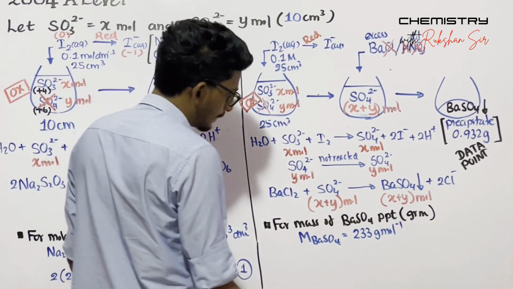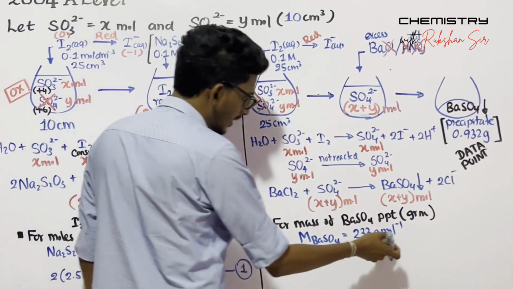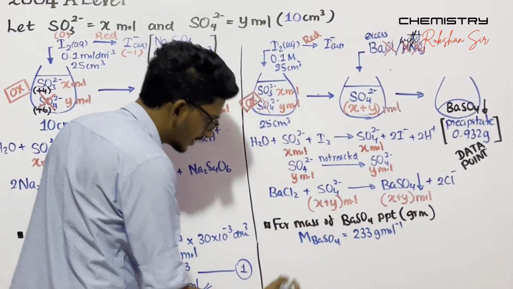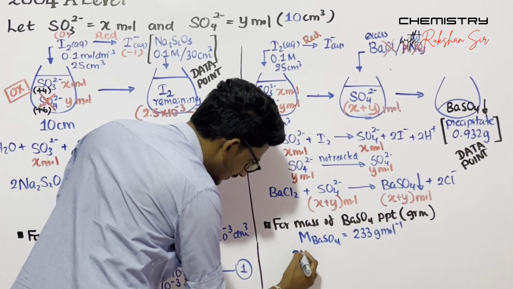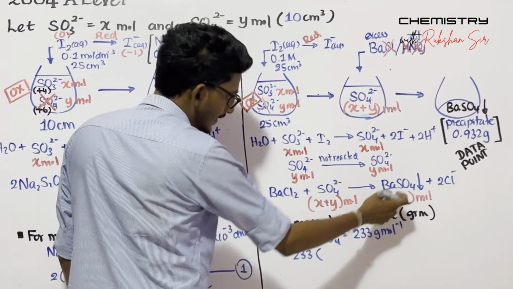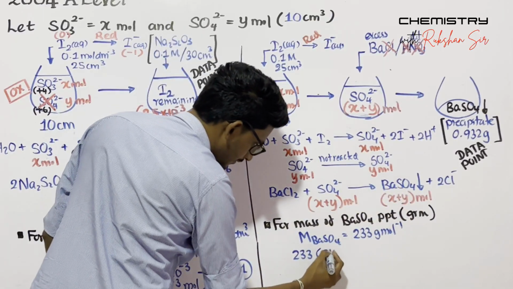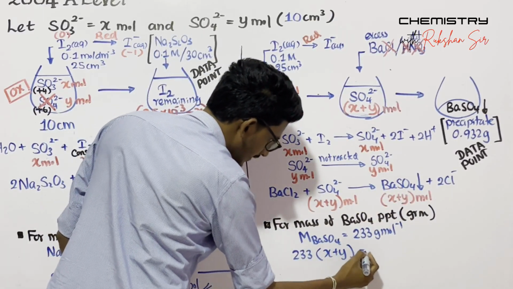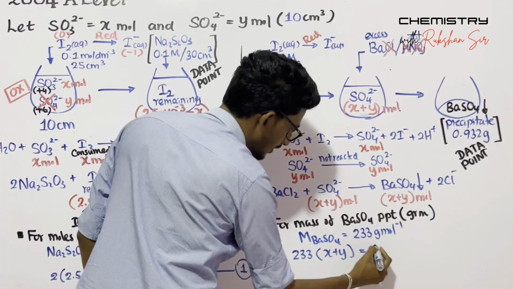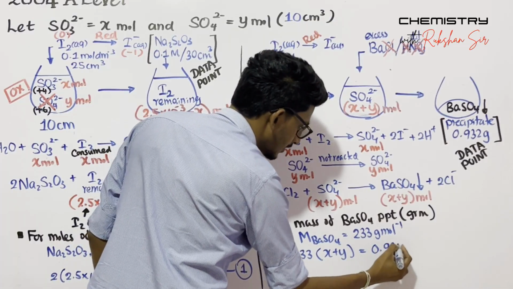So the mass of barium sulfate is going to be the g mol^-1 value times the number of moles: 233 g mol^-1 times X plus Y moles. That value is equal to the precipitate mass, 0.932.